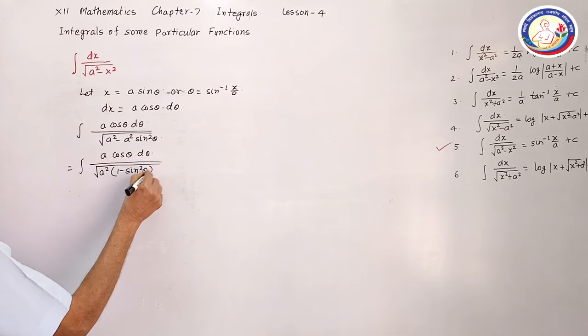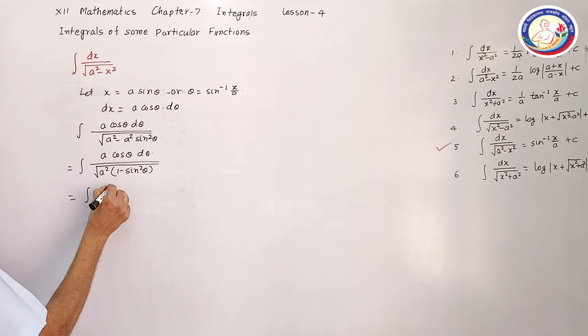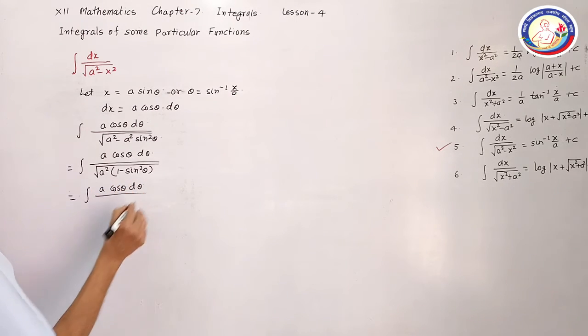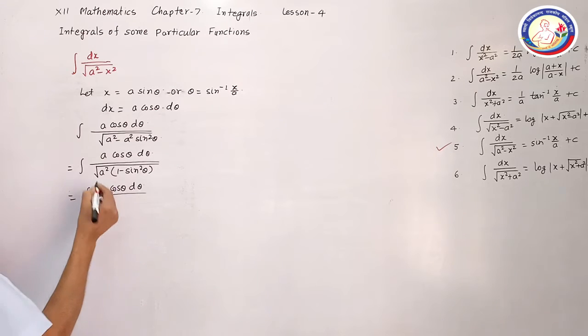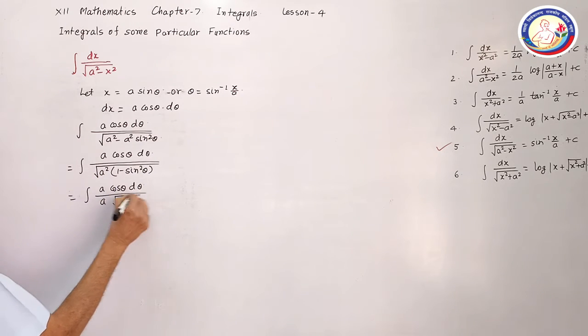On simplification, we shall get a cos theta d theta as it is. A square, when taken outside, square root of a square is a. And 1 minus sin square theta is cos square theta.